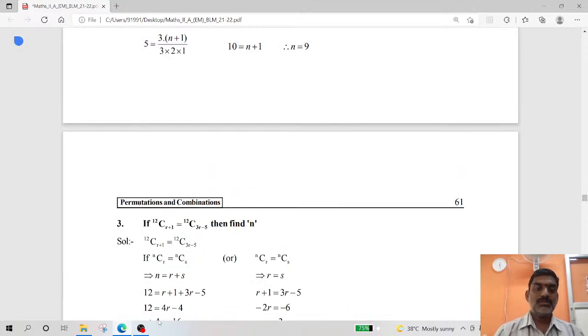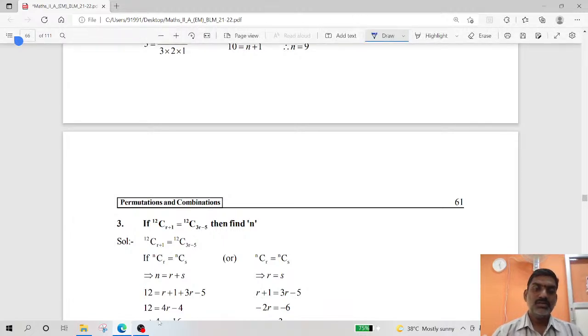12Cr is equal to 12C(3r minus 5). So what are the possibilities here? One possibility is 12 equals r plus 1 plus 3r minus 5. Or else r plus 1 equals 3r minus 5.